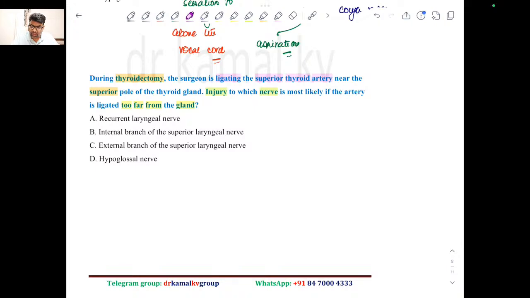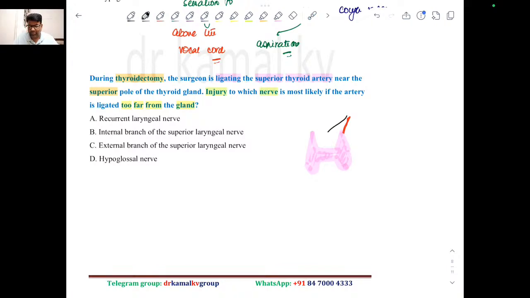So suppose the thyroid gland is something like this, and this is the superior thyroid artery like this. Obviously we have to ligate this artery so that whenever we are removing the thyroid gland, there is no bleeding. Now there is a nerve which is in close proximity.